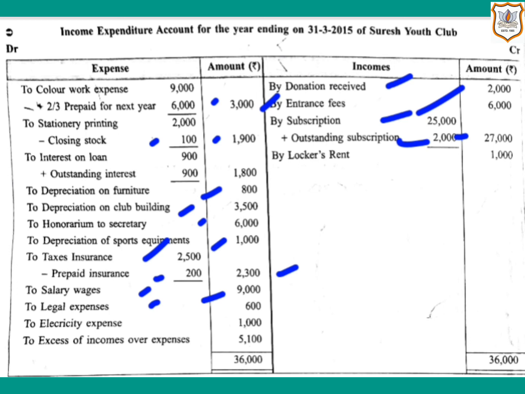Total interest on loan is 1,800, and only 900 is recorded as interest on loan. So the remaining 900 is outstanding interest on loan, which will be disclosed like this. 12% of 15,000, that comes to 1,800, will be written in the outer column, and interest on loan which is recorded in the trial balance, that is 900, will be written in the inner column, and the remaining amount, 1,800 minus 900, comes to 900. That means it is outstanding interest on loan, which is yet to be paid.